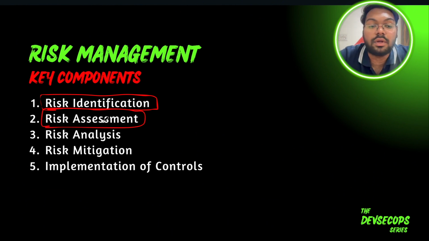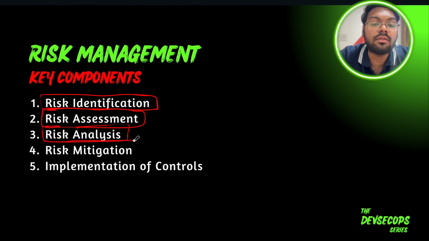Then analyzing them: you need to first know where they are arising, how they are arising, and what measures we can use to control them or to minimize the impact or damage that will occur if this particular risk is exploited, or a threat actor is attacking that particular vulnerability, let's say.